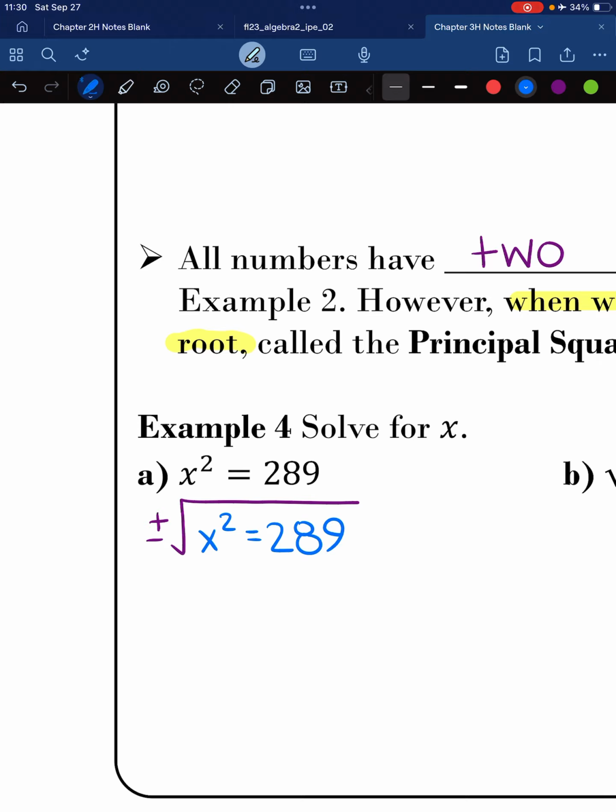I'm taking the positive or negative square root of both. Okay, and we end up with the square root of something squared is just x equals the square root of 289. That's one of those square numbers that we have listed up above. It is positive or negative 17. Okay, again, because I could plug in positive 17 and 17 squared is 289, negative 17 squared also positive 289, right? So I know that that is both solutions.